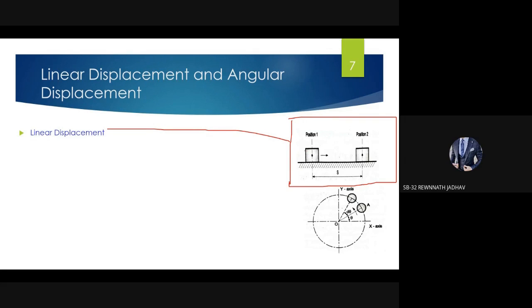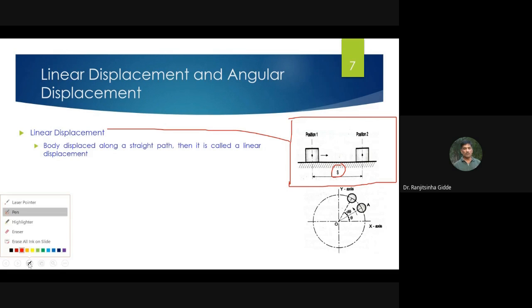Okay. This is a block. Again, this block has position 1 and position 2, and this S is nothing but the displacement. So what is linear displacement? When a body is displaced along a straight path, then it is called a linear displacement.